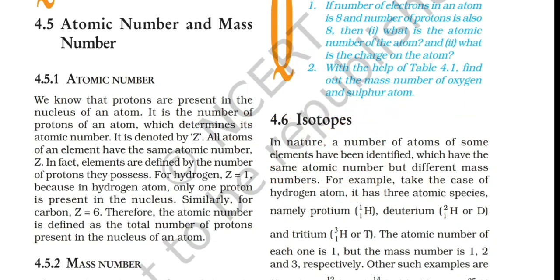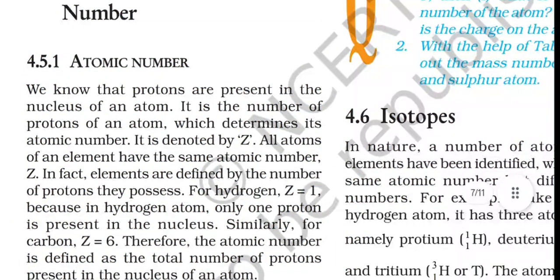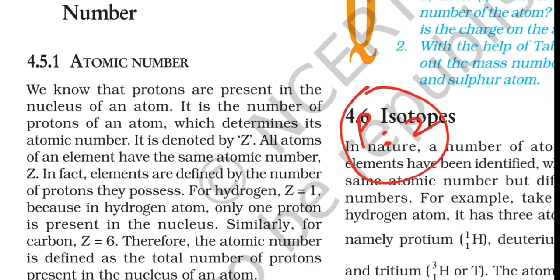So protons are present inside the nucleus. It is the number of protons of an atom which determines its atomic number. Suppose 2 protons are present inside the nucleus, then 2 is the atomic number of that particular atom.